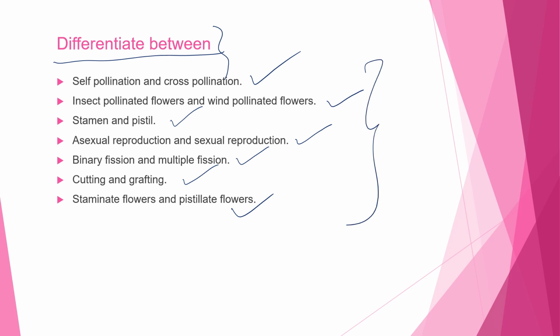When you are told to differentiate between these, you need to see the marks, whether it is 2 marks or 3 marks, and then jot down the points. If it is 2 marks, you need to write 4 points, like 2 points each, so that each point carries half a mark. So you'll write according to the question number.